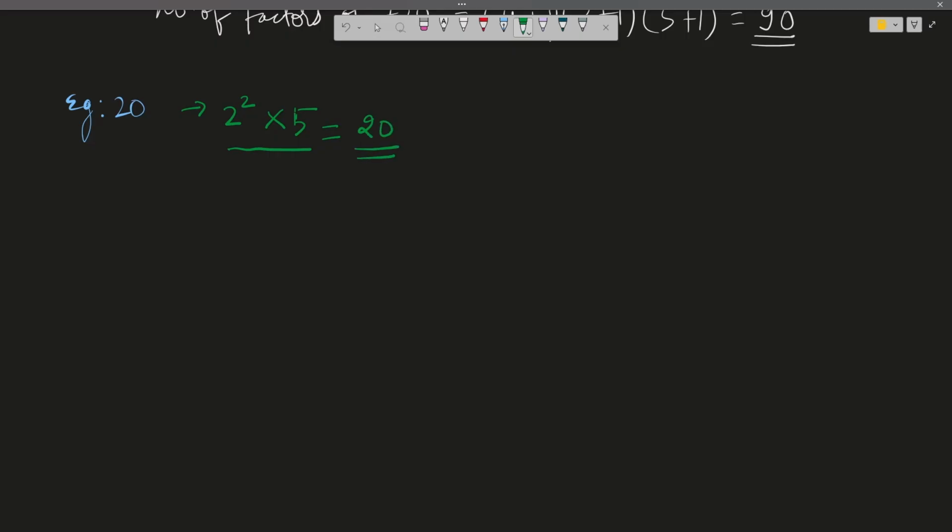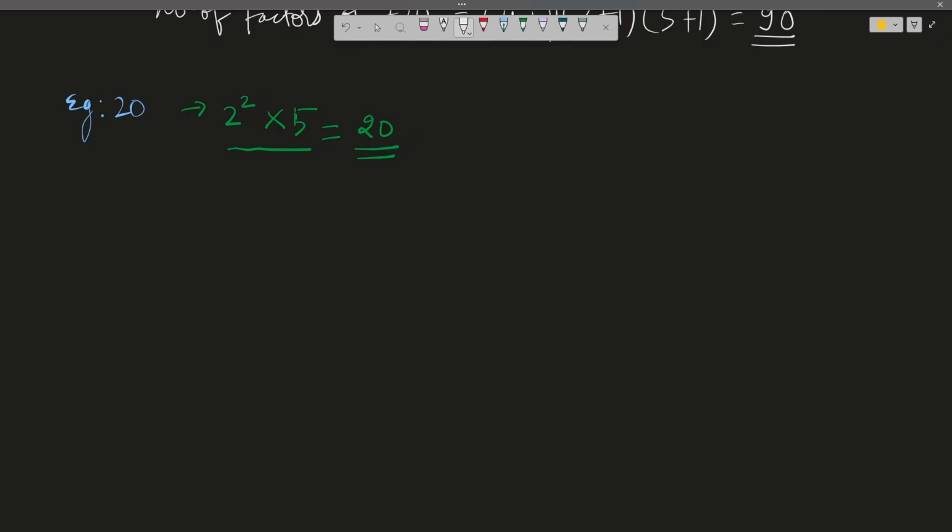That is very clear. But there are certain numbers less than 20 that also divide 20 completely, and those numbers are referred to as the factors, right?